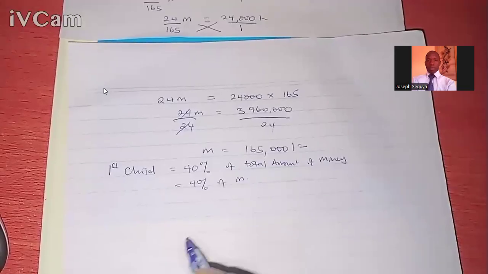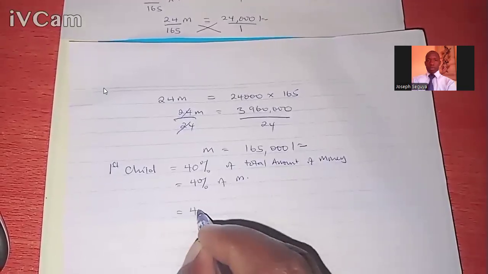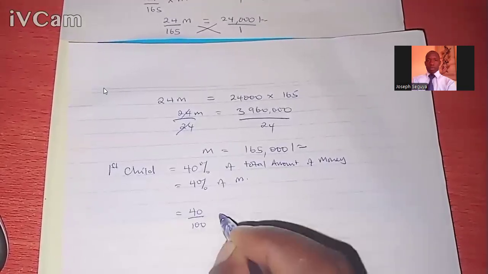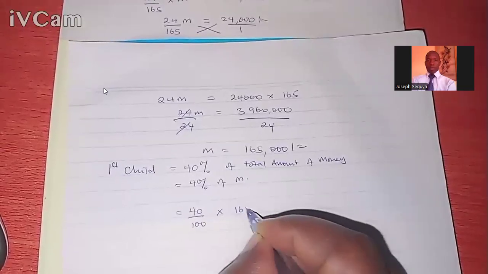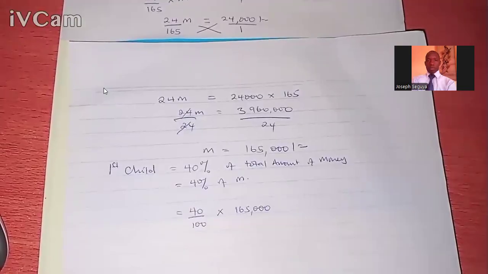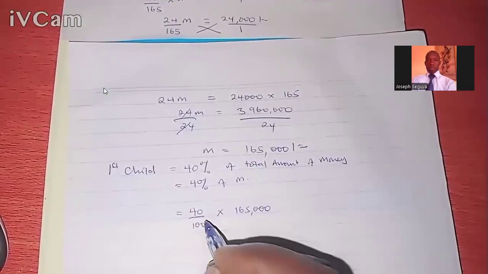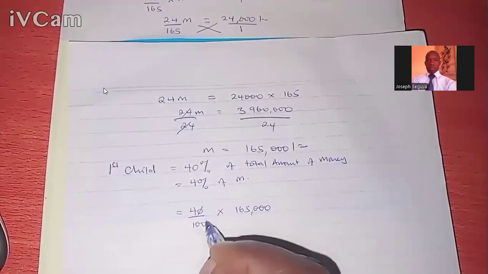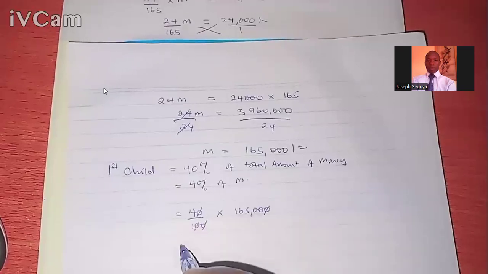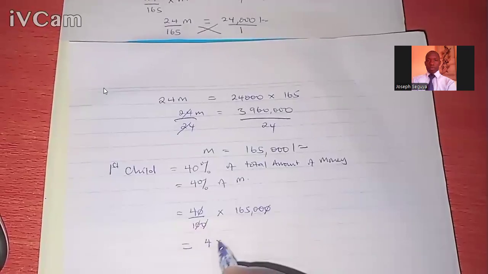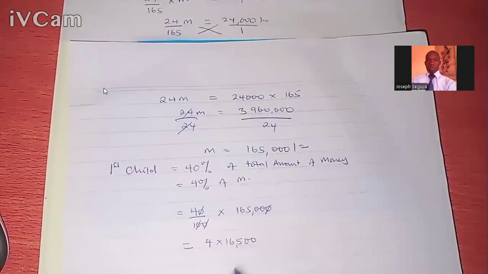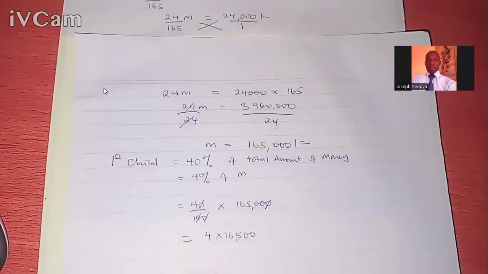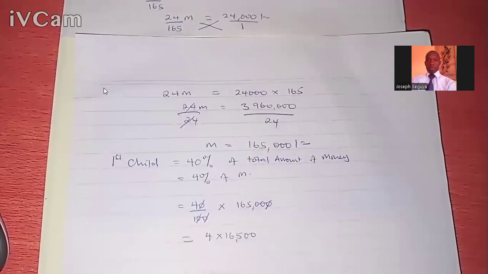But our M, we already know it. So this is going to be 40 out of 100 times M. But our M is 165,000. So we can cross the zeros, this one and this, then this and this. Therefore, we remain with 4 times 165. There are 2 zeros here. So if we multiply that, I don't know what you get there from your end.